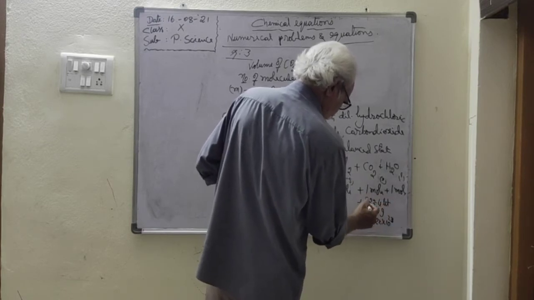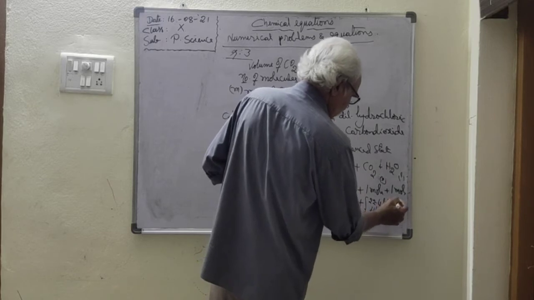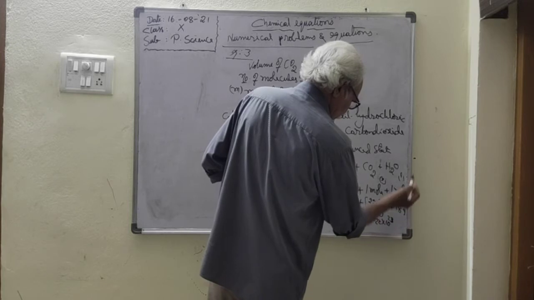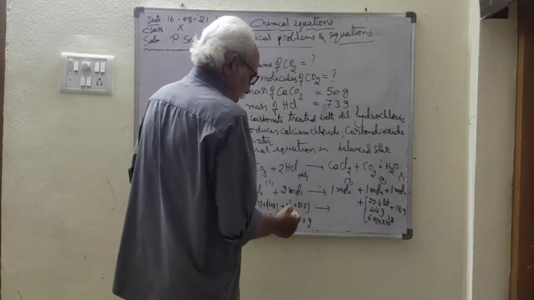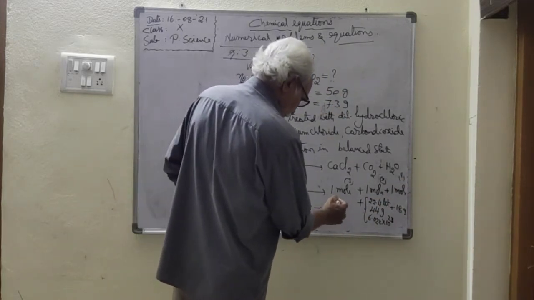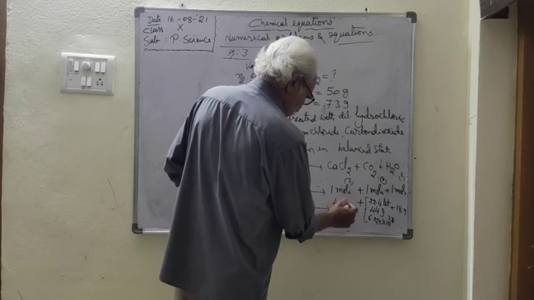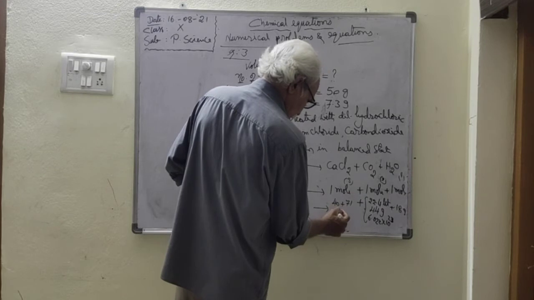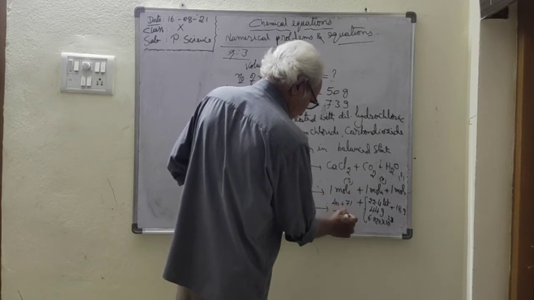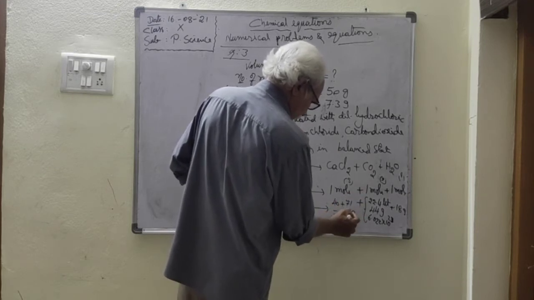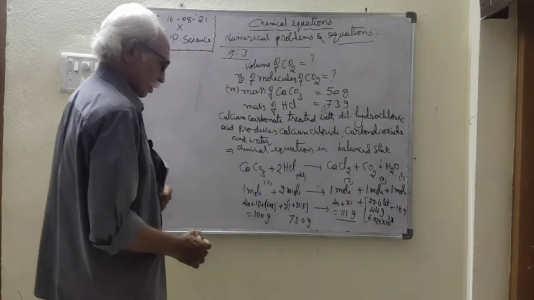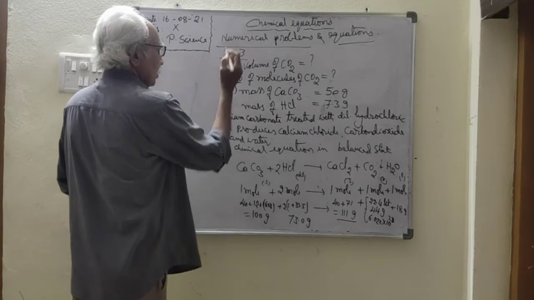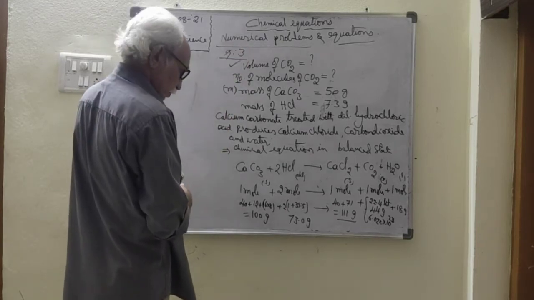Remember, plus 1 mole water means 18 gram water. Here 1 mole calcium chloride means 40 plus 71 is equal to 111 gram. Now, according to this equation, first we will see the volume of the carbon dioxide.